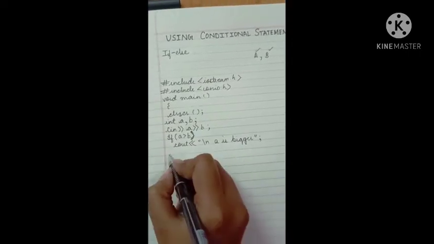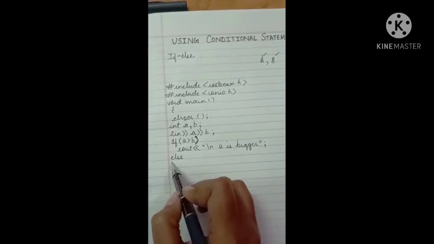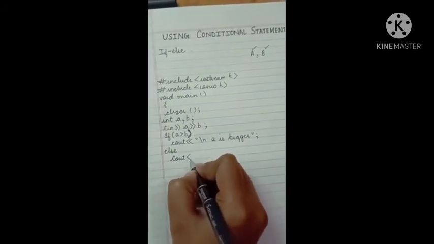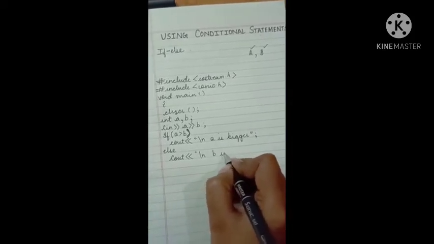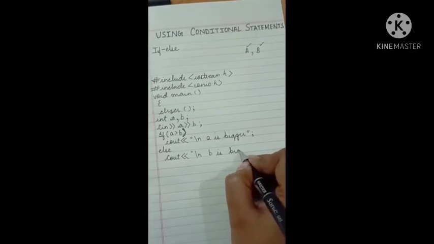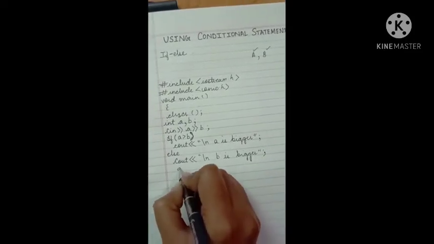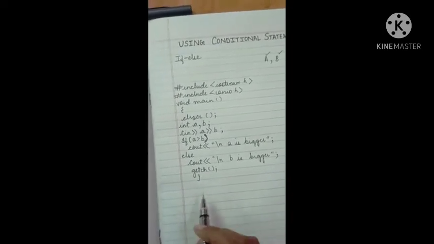If a is greater than b, the computer prints a is bigger. If it doesn't happen, then else the computer will print b is bigger. Then getch, and we close the program.